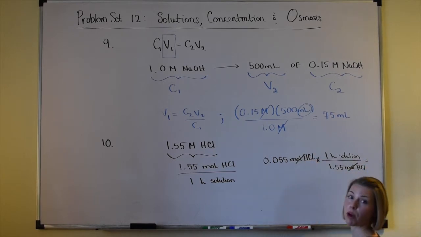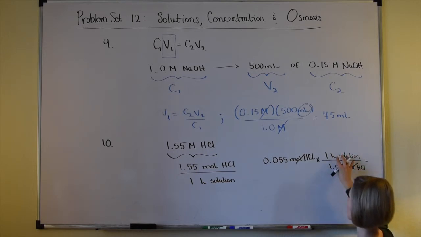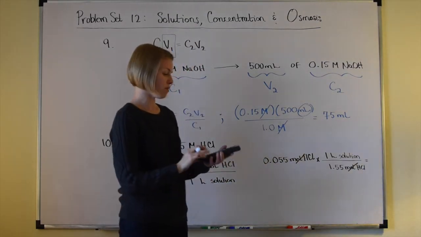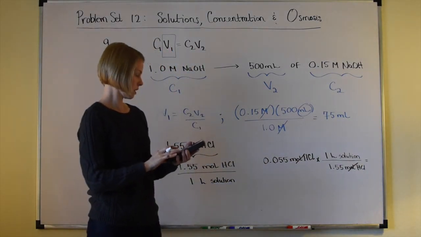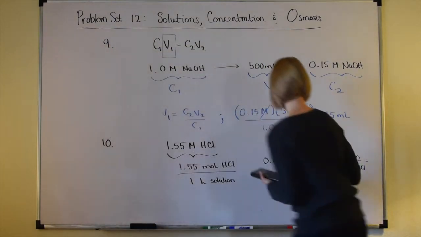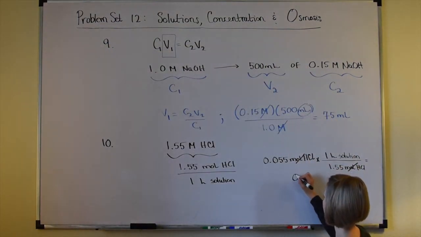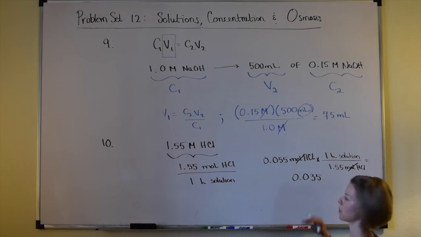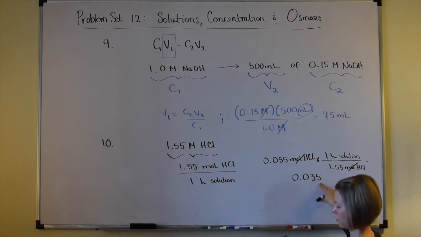So the answer to this problem is going to tell us what volume in liters is needed to measure out just 0.055 moles. Okay, so we get, I'll write the answer down here, 0.035. We get a bunch more numbers, but I'm going to go ahead and round to 0.035 liters of solution.